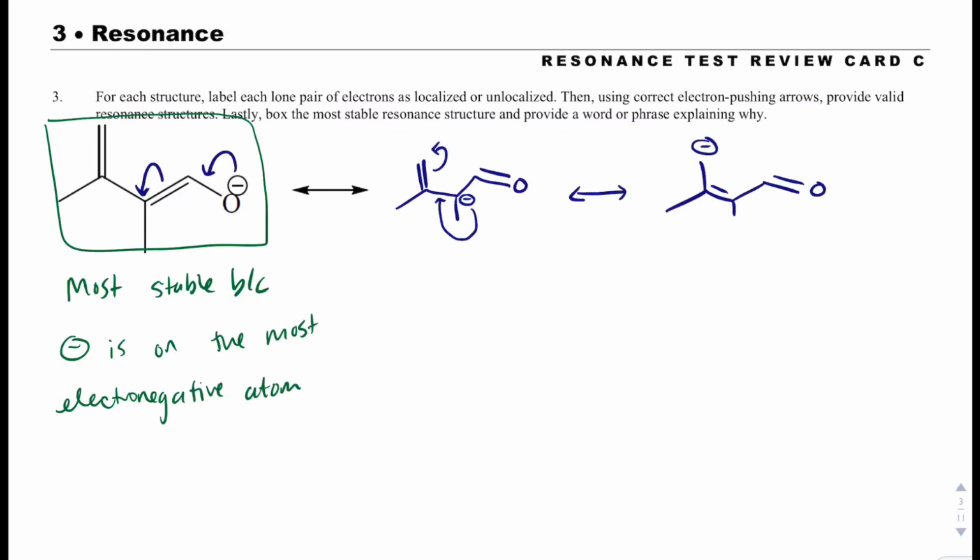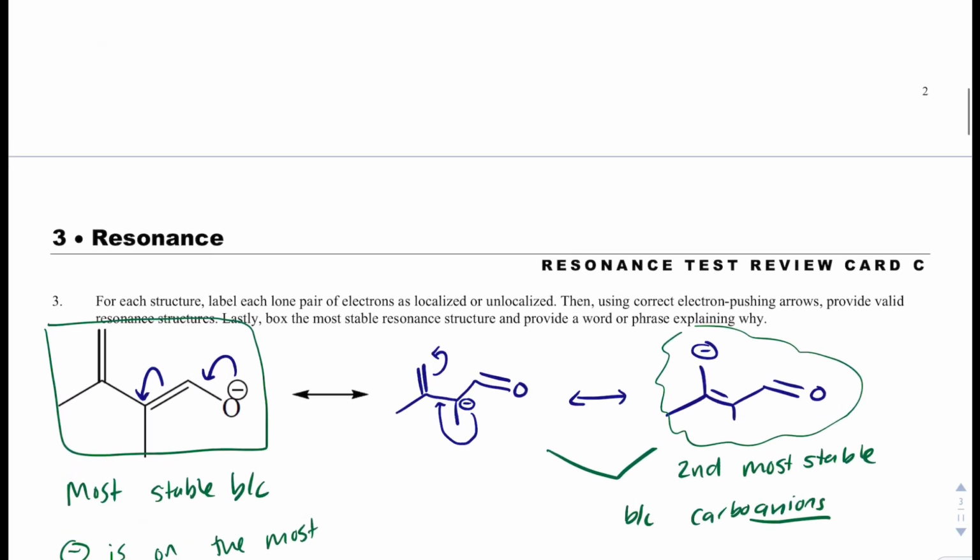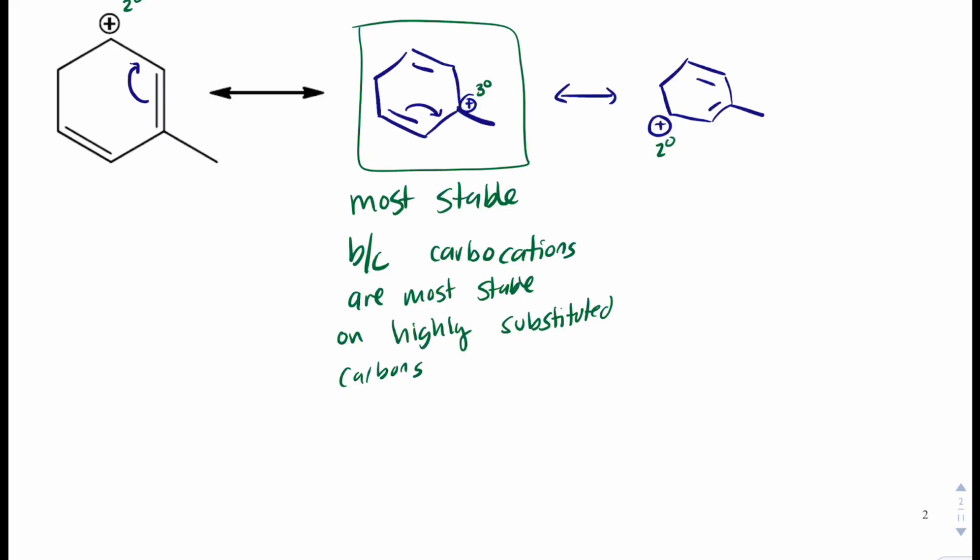But what if we were comparing this second one and this third one? This one that I'm circling, the last one, this would be second most stable because carbanions, notice that when we look at the one above, we said carbocations.